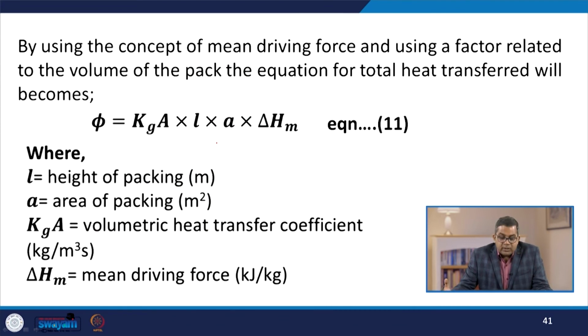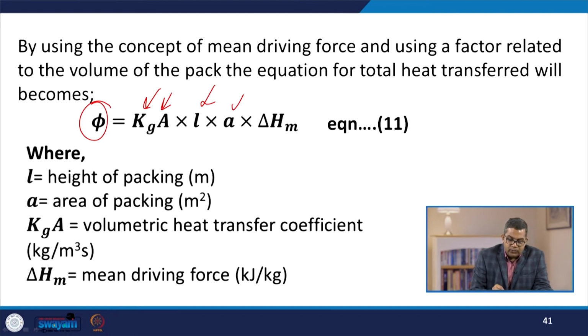Now, by using the concept of mean driving force and a factor related to the volume of the packing, the equation for total heat transfer becomes phi is equal to kGA into L into A into delta Hm, and that is equation number 11.